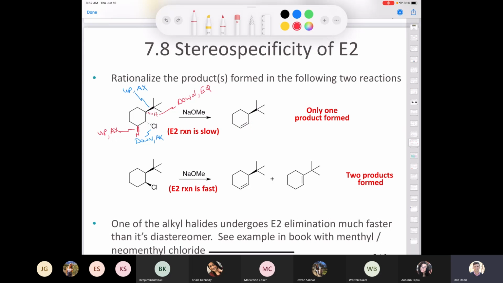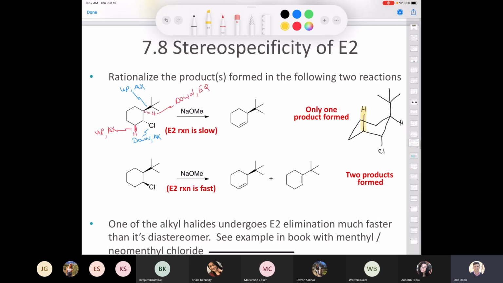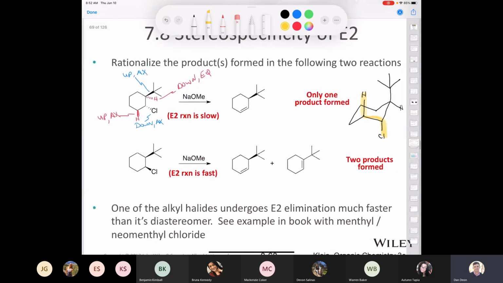There's not a lot of room on here, but if I try to draw a chair like this, to show you what this is going to look like: if my chlorine is going down an axial, then my tert-butyl group is going up and axial, right? This hydrogen is going down, but is equatorial, so that's not going to work. The only one that's going to work is the one that's going up and axial, which is this one here, all right?